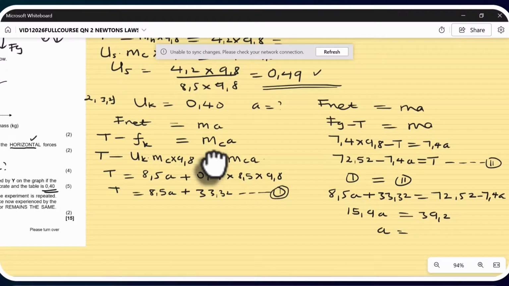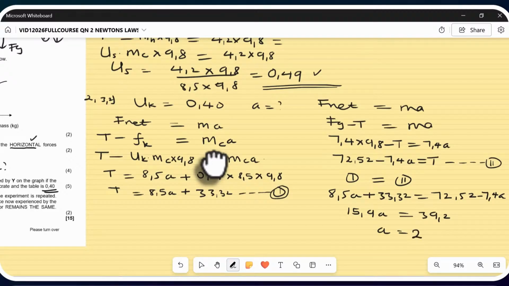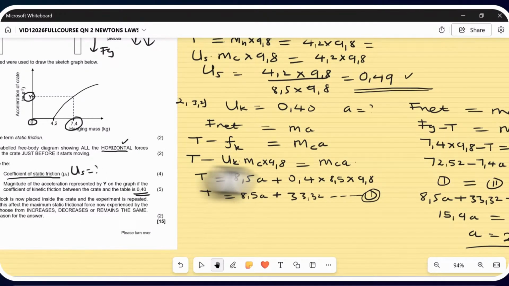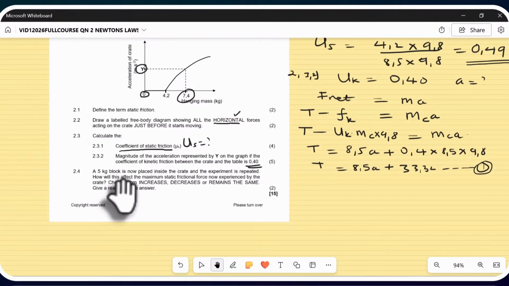2.3.2. Now they say that a 5 kg block is now placed inside the crate and the experiment is repeated. How will this affect the maximum static friction force now experienced by the crate? Choose from increases, decreases, or remain the same. Give a reason for your answer.